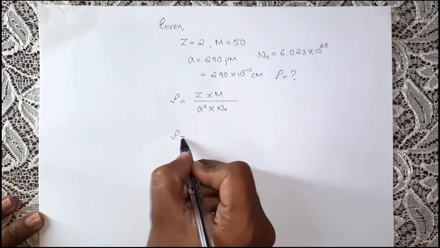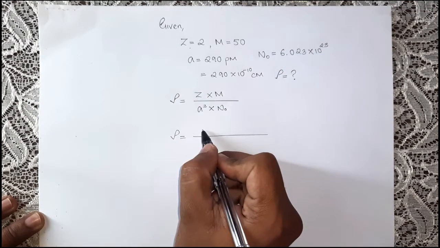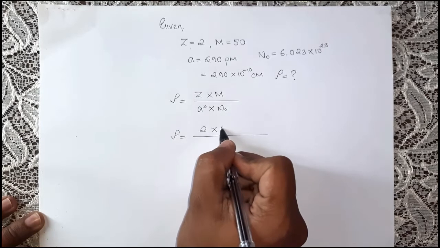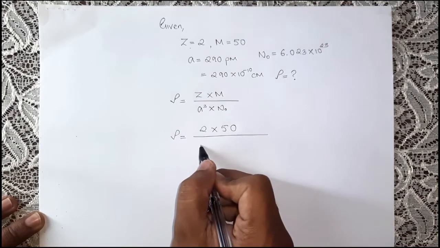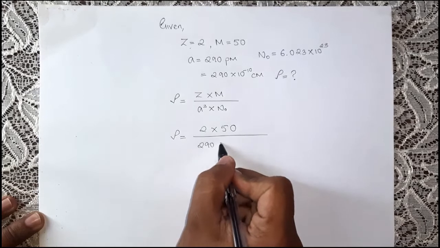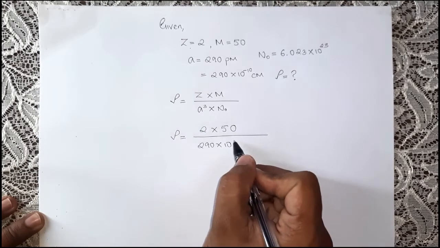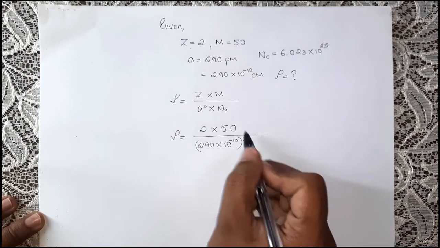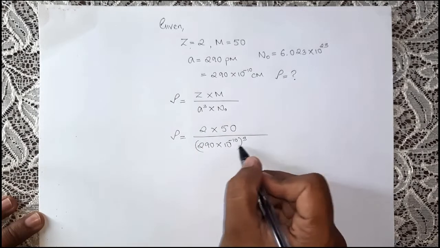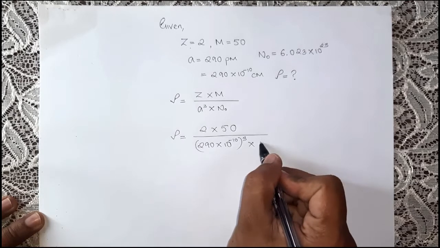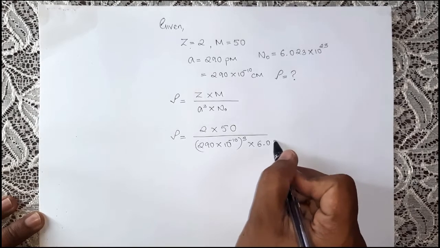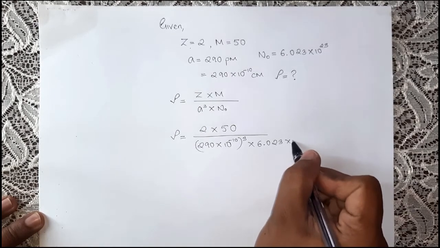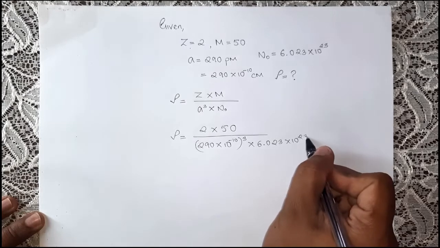So we have 2 into 50 divided by 290 into 10 to the power minus 10, whole thing cube, since it is A cube, into 6.023 into 10 to the power 23.